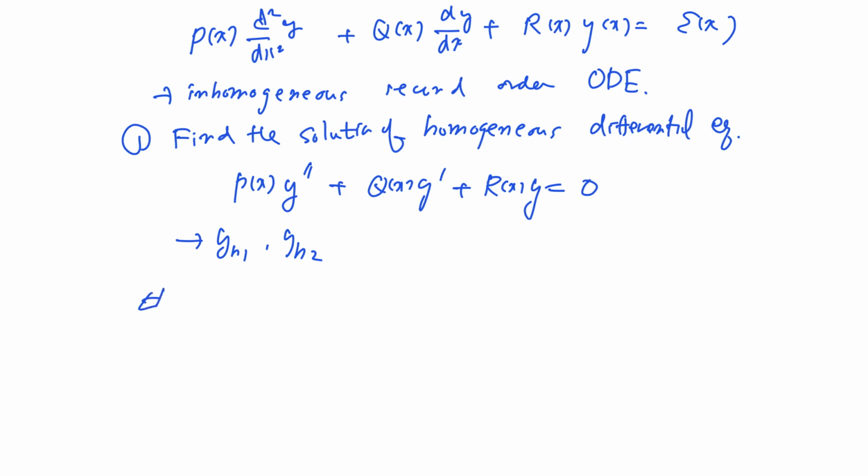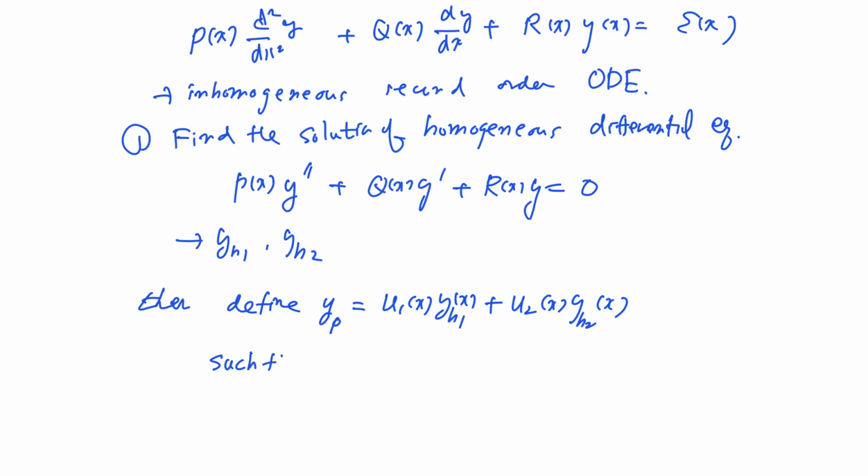And then define the particular solution, u1(x) y_h1 plus u2(x) y_h2, such that d/dx(u1) y_h1 plus d/dx(u2) y_h2 is equal to 0.